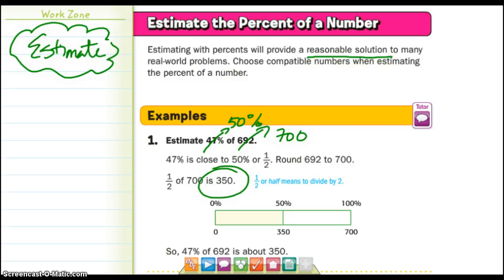This, again, is an estimate. We would put this answer in a cloud so that when we make our calculation, if our answer in our calculation, let's say, was 20, we know that our answer is incorrect because it needed to be around 350, so we would recalculate. All right, let's keep going.